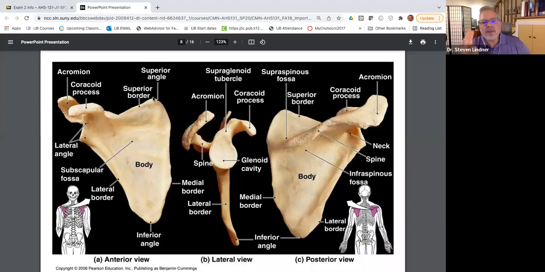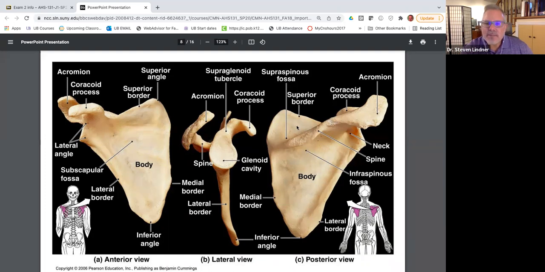Now let's look at the four fossas. Let's go to the picture on the right and let's find the spine of the scapula. That's a key landmark. Once we find the spine of the scapula, there's two fossas in relationship to it. One above it and one below it.